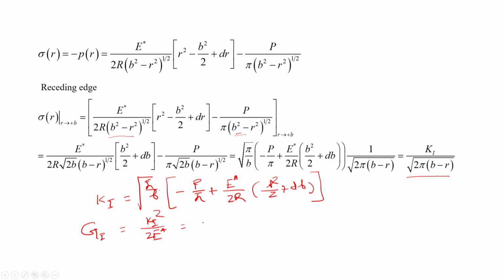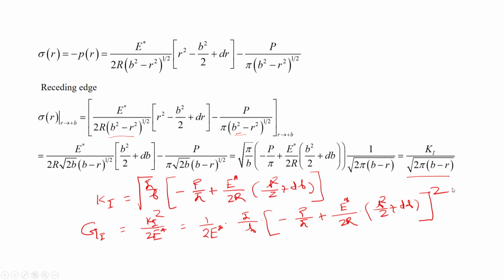So that term comes out to be 1 by 2 E star, and this is pi by b, and then it is minus p over pi plus E star over 2R into b square by 2 plus d into b, whole square. So this is the expression for the strain energy release rate, and I have described that for brittle fracture.